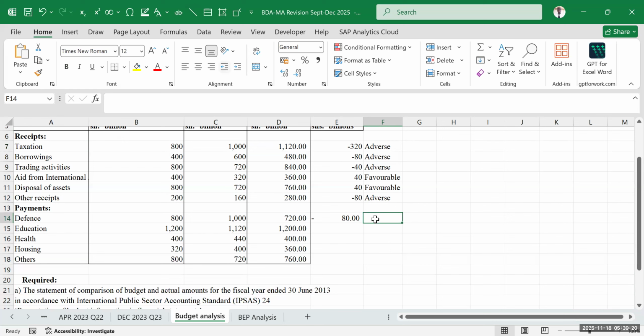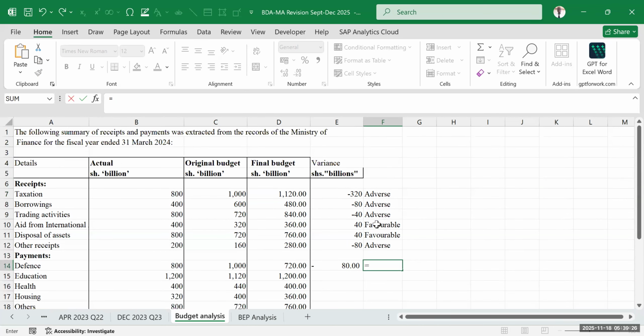All right. So I will put an equal sign. I want to compare these two elements of budget.